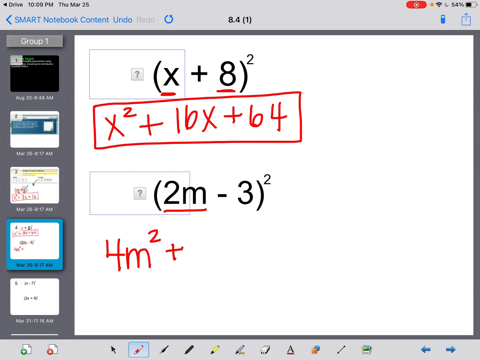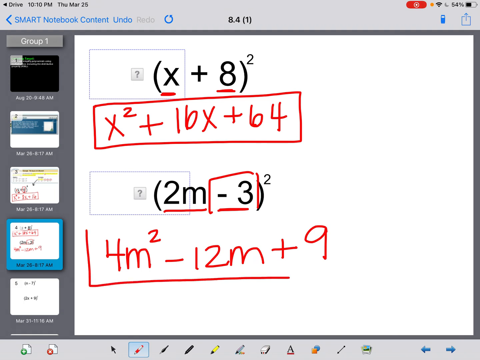Plus, we need to multiply 2m times a negative 3, which is negative 6m, and then times 2. So negative 12m, which really can also be written as just minus 12m. I think that's probably a better way to do it. And then we need the square of the last term. So negative 3 times negative 3 is 9.